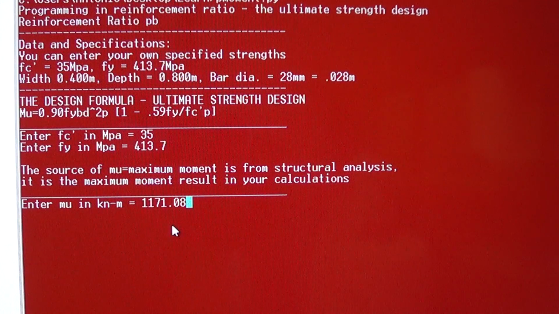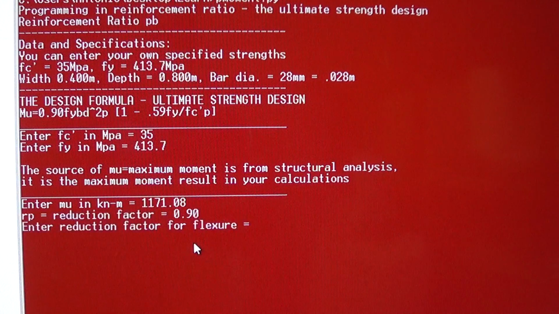You don't have to type the kilonewton, it's already here. It's programmed to have kilonewton meter, right? Now the reduction factor for a flexural member like a beam is 0.9. You're going to enter that. The computer is asking you.